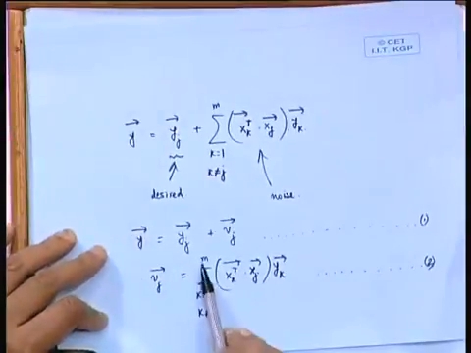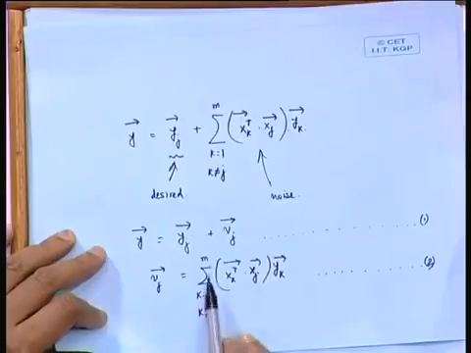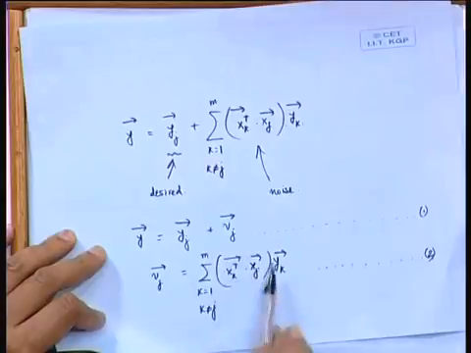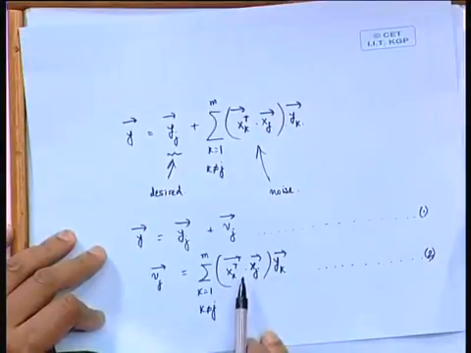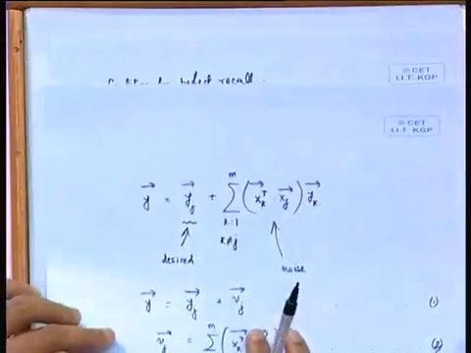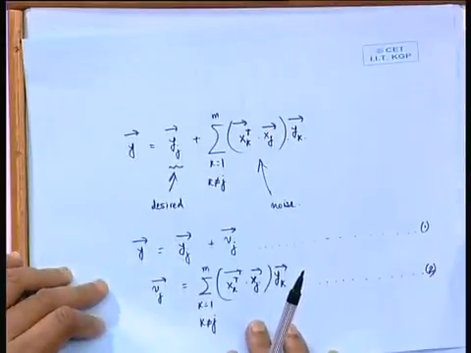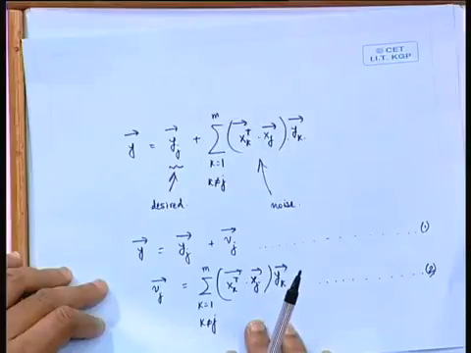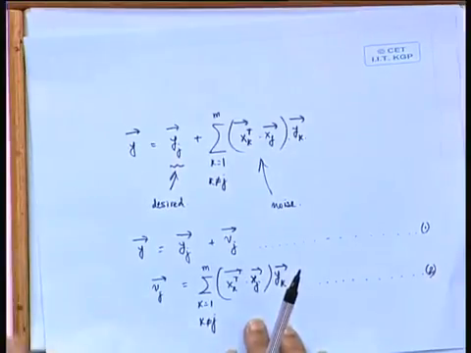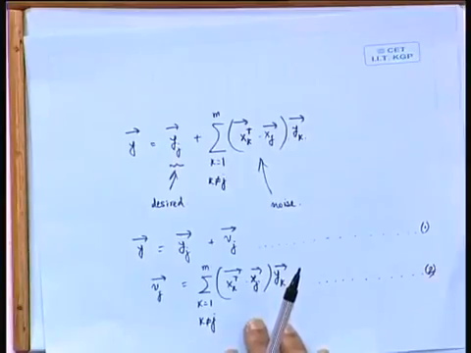Why? Because you just see this expression, k is equal to 1 to m, we are already taking. That means to say that this orthogonality condition must be valid for all. Is it clear? xj is not some particular set, it's not necessary to be a subset. Both xj and xk belong to the key set x key.